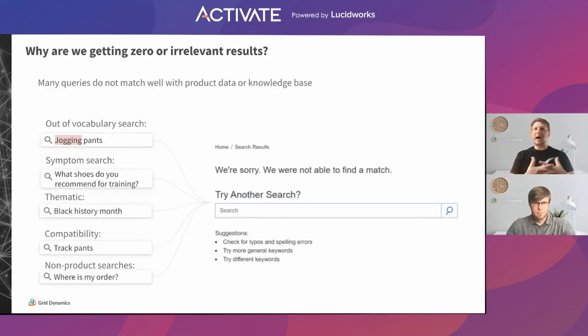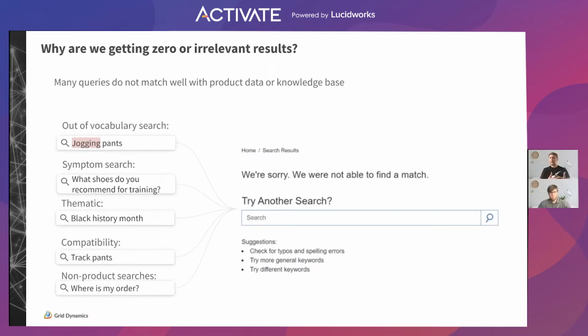So why are we getting those zero and irrelevant results? There are many reasons, and we can classify those reasons mostly into a few broad categories. Very often we have an out of vocabulary search, which means that we have a term which our customers are using, but that term doesn't exist in our catalog and attributes or product descriptions, or doesn't exist in our synonym base or knowledge base.